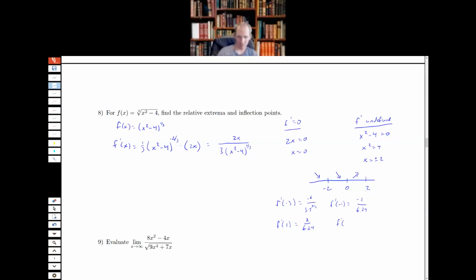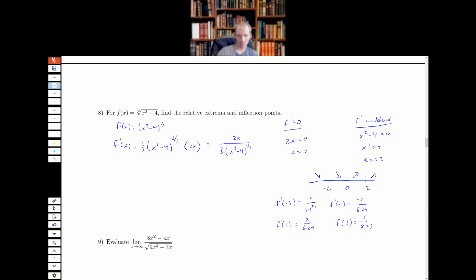And then finally, f prime of something bigger than 2, try 3. I get positives in both top and bottom, so it's increasing there too. So I only get a change at 0.